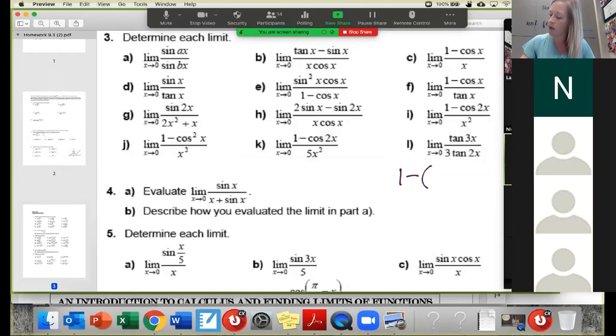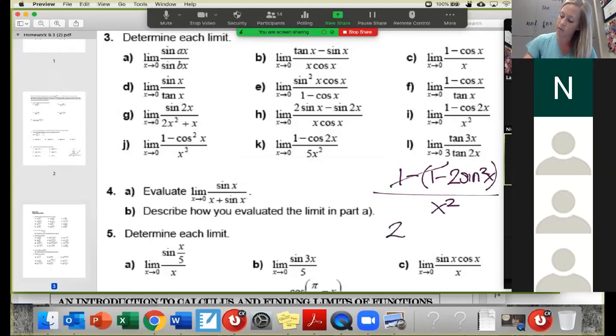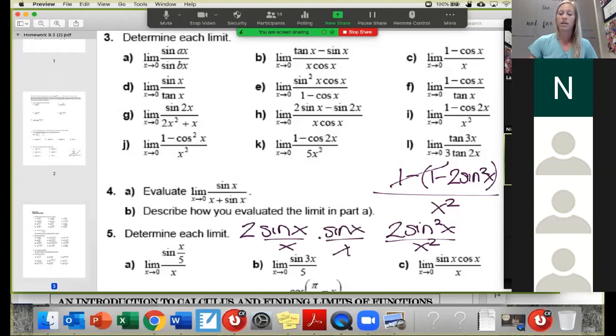No, that's the cosine. 1 minus 2 sine squared. Because then when I distribute the negative, the 1 minus 1 cancels, and that makes it positive 2 sine squared over x squared. And then from there, I'm really just thinking about it as sine x over x and sine x over x again.